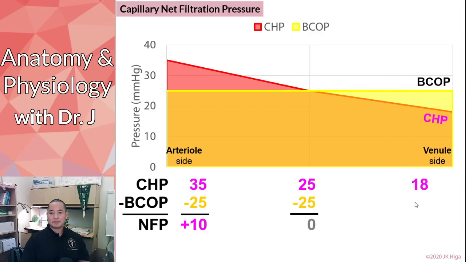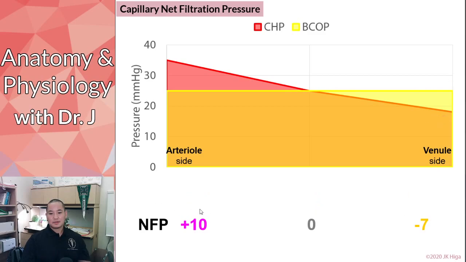But now capillary hydrostatic pressure is less. So 18 minus 25. When you subtract a bigger number from a smaller number, you end up with a negative number, right? So 18 minus 25 is negative 7. And that sign is actually very important. Going from arterial to venous side, we have a positive net filtration pressure on the arterial side.